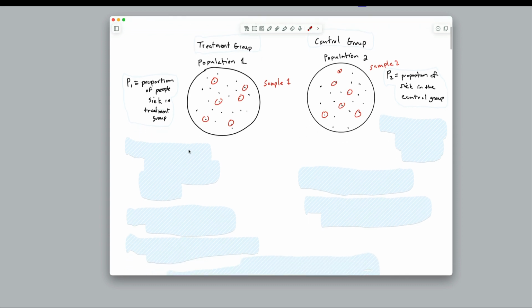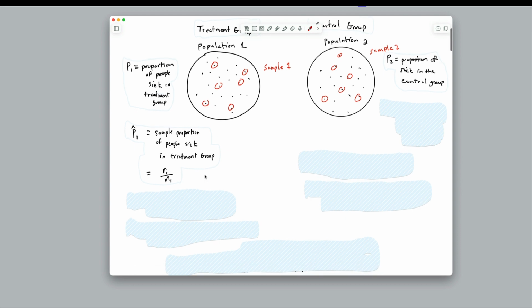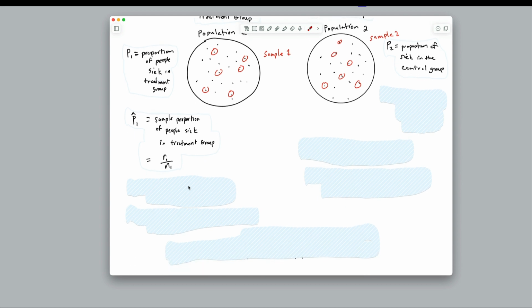Based on these samples, we could estimate the proportion of people who are sick in the treatment group. After some time after taking the drug, we would count the number of people sick in the treatment group, and then divide that number by the number of people in the treatment group, and that would give us the sample proportion, p hat 1.